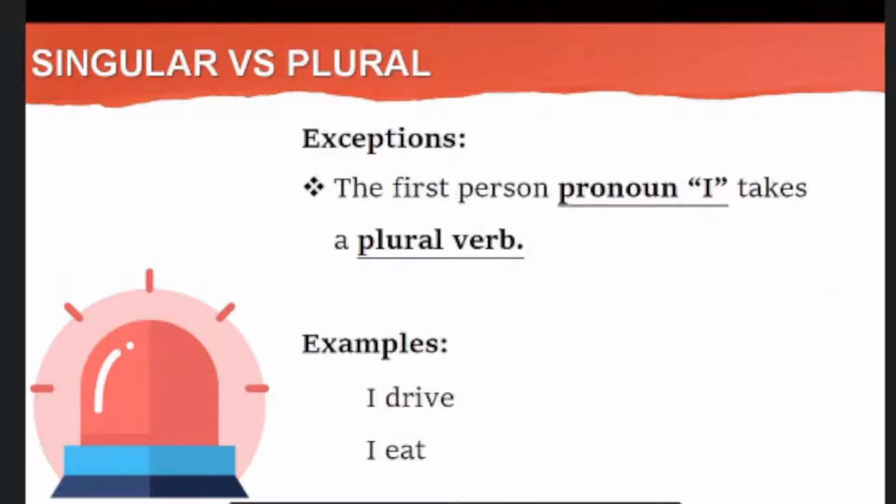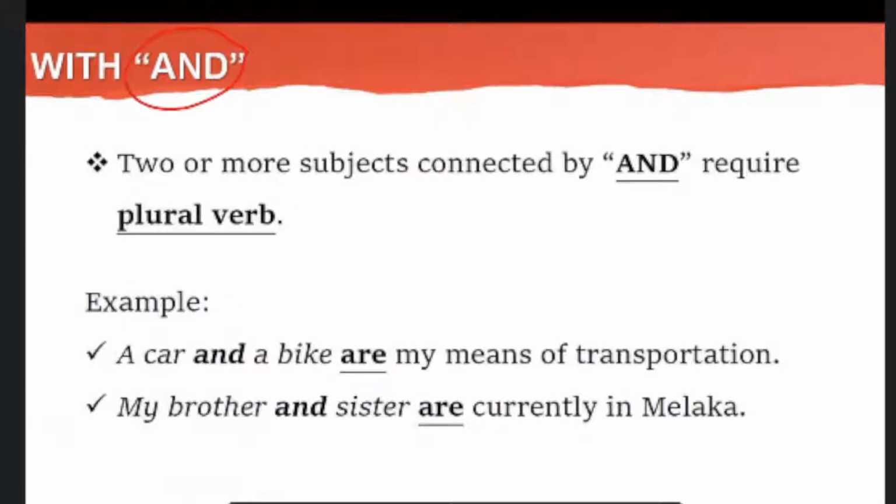Here will be the next basic rule for subject-verb agreement. This time, it will be focusing on the usage of and. And is usually used when you want to combine the subject or the sentence. Mark the word combine.